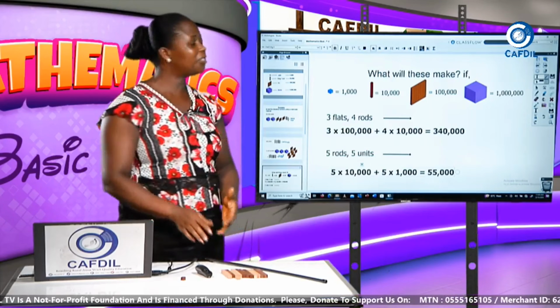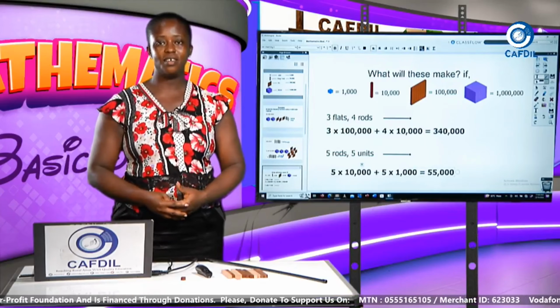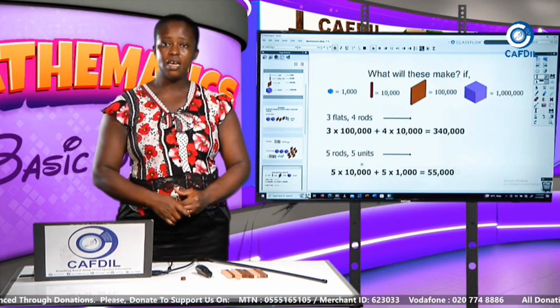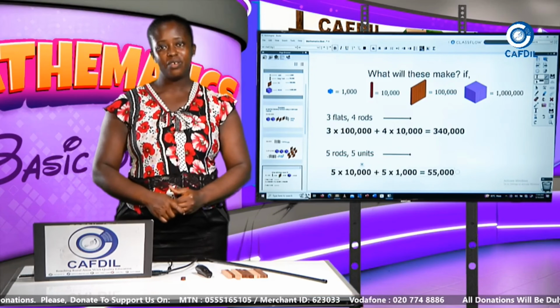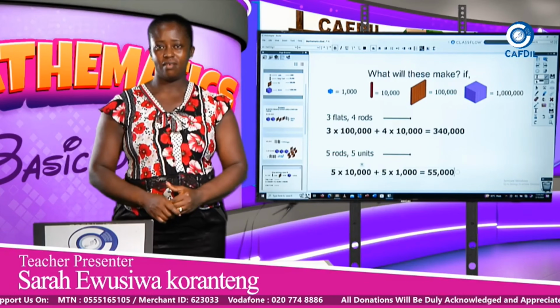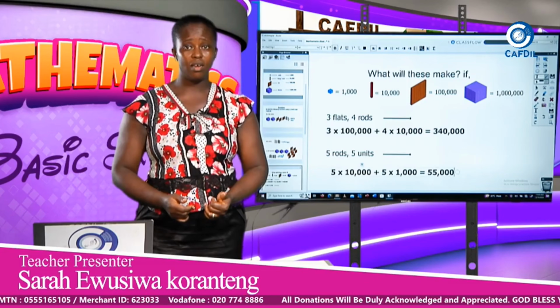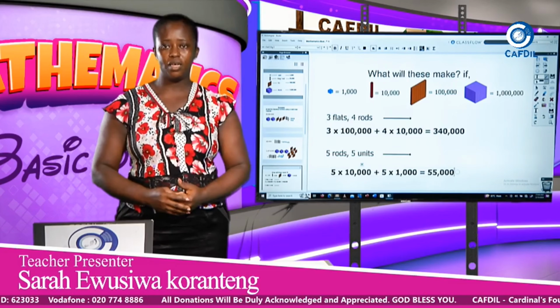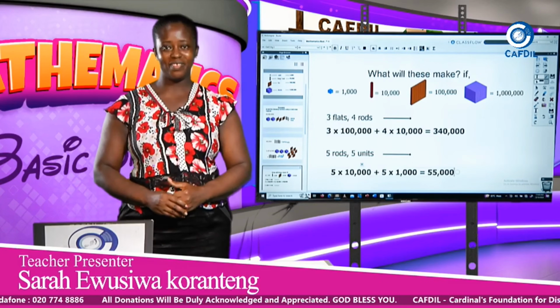What have you learned? If mom comes round and asks you what you have learned, what will you tell her? We have learned how to model number quantities using multi-base material.